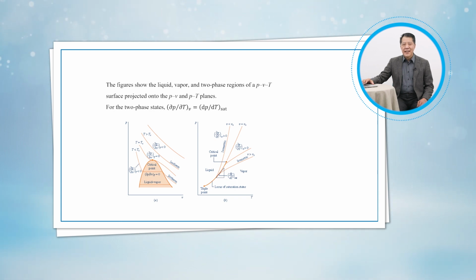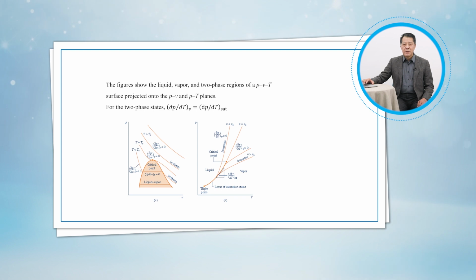In the single-phase regions, the partial derivative, giving the slope, is negative at each state along an isotherm, except at the critical point, where the partial derivative vanishes. Since the isotherms are horizontal in the two-phase liquid-vapor region, the partial derivative vanishes.